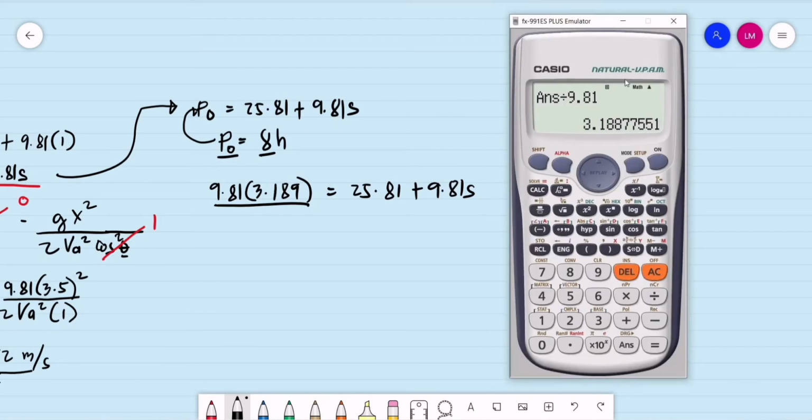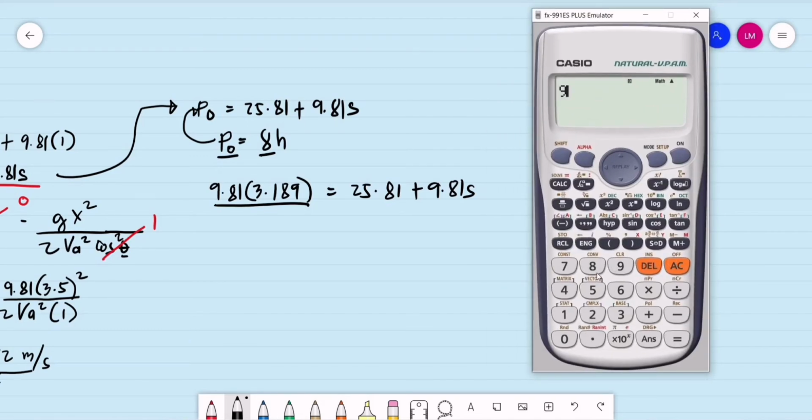So, kunin natin. That is 9.81 multiplied by 3.189 is equal to 25.81 plus the 9.81 of the specific gravity.